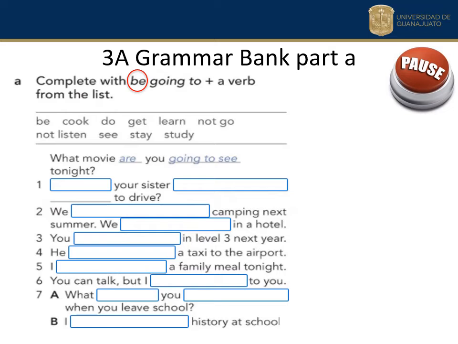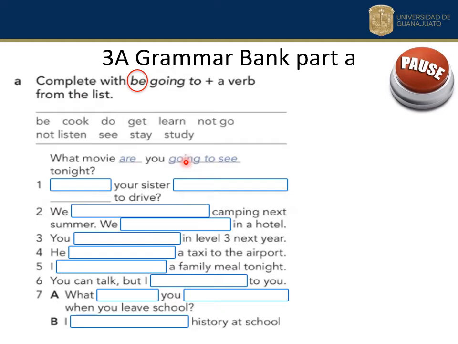Okay, so this is the activity for the grammar bank, part A, and you have to complete with be going to plus the verb from the list, okay? Remember that the verb be, you need to change it depending on the subject, okay? Like in the example here, what movie, aquí tenemos el sujeto es you, entonces por eso está are.